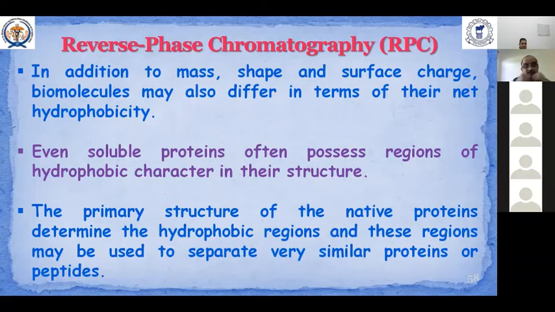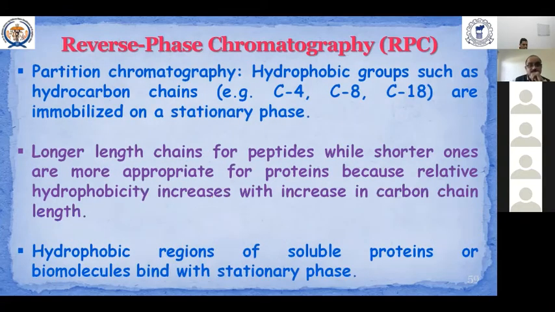Even soluble molecules possess regions of hydrophobic character in their structure, and these hydrophobic structures are determined by the primary structure of the proteins. The neutral amino acids actually exert the hydrophobic characteristic to the molecules.